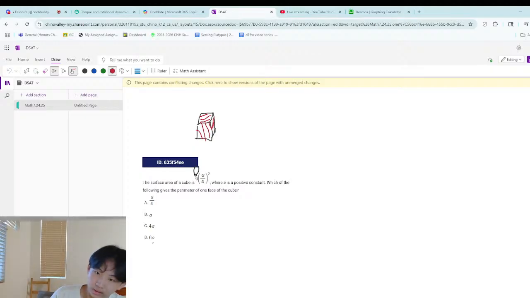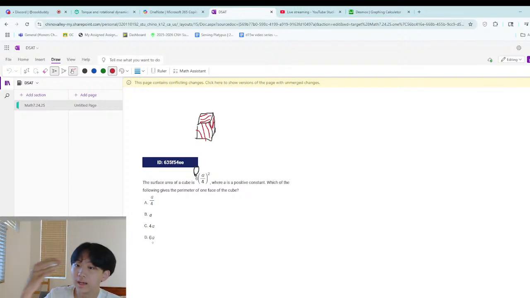And in order to find the perimeter of one of these faces, right? It would be a over 4 plus a over 4 plus a over 4 plus a over 4.